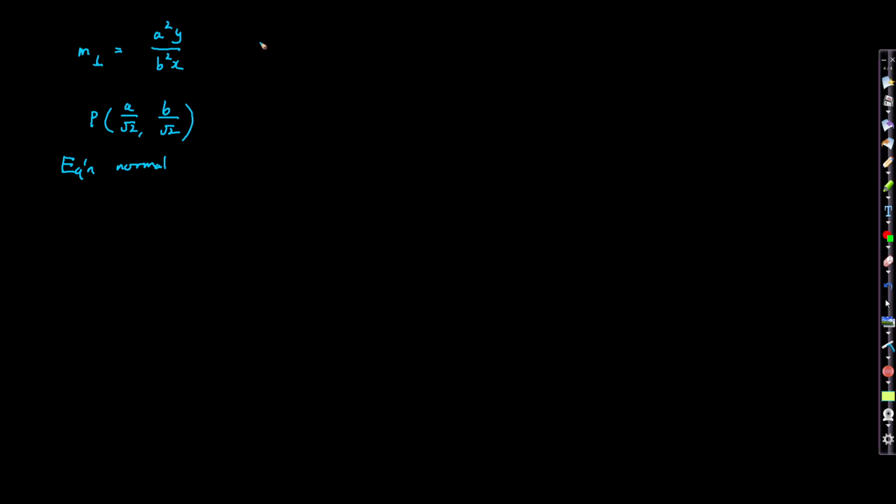Okay, so if x equals a over root 2 and y equals b over root 2, this gradient would be a squared times b over root 2, divided by b squared times a over root 2.